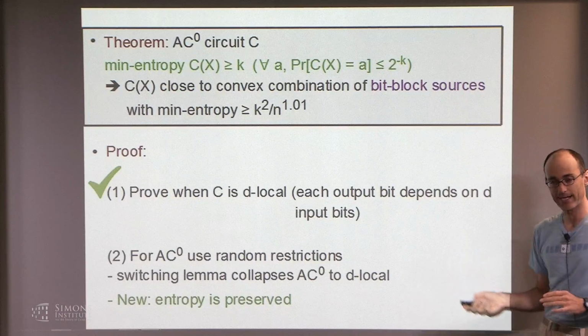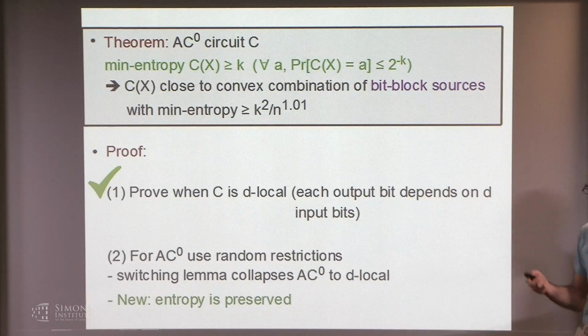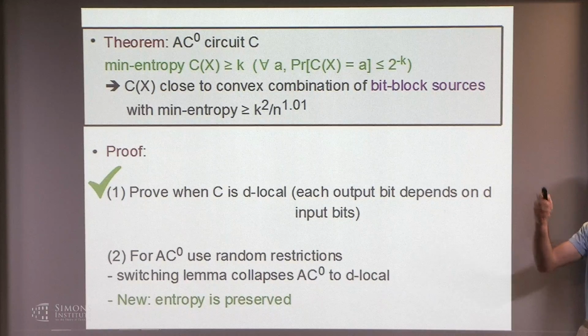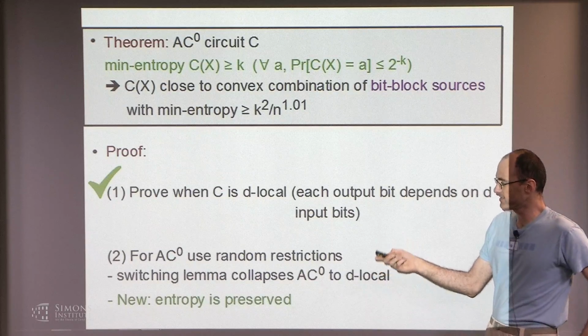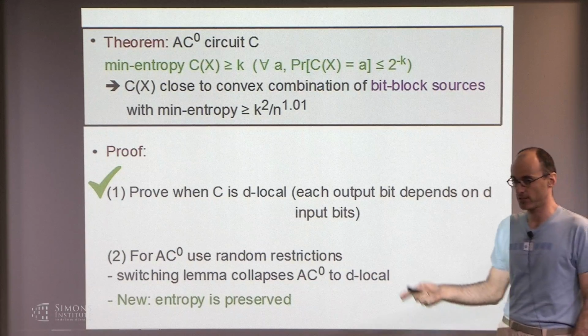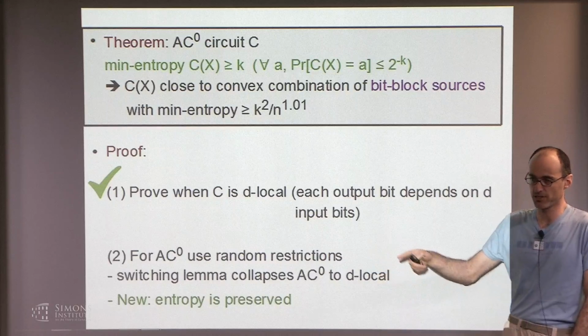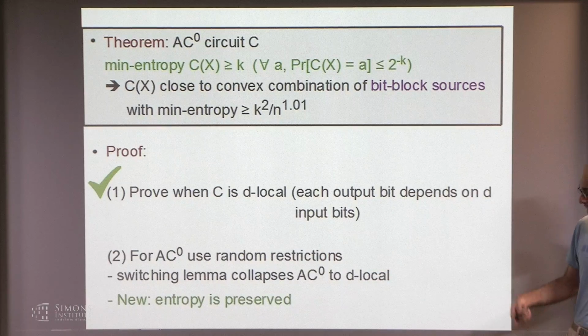So it was a bit technical, but I think you've seen how you can just argue about these like local samplers. So now, to handle generalized zero circuits, as I mentioned earlier, we're going to use random restrictions. This is going to make the circuit local. The new ingredient here is that I want to preserve the entropy.